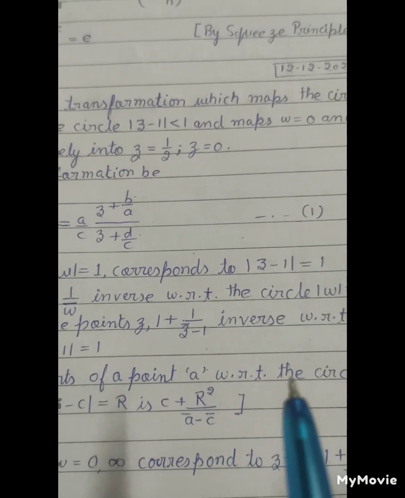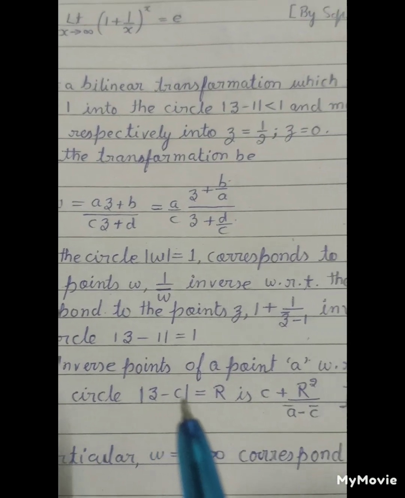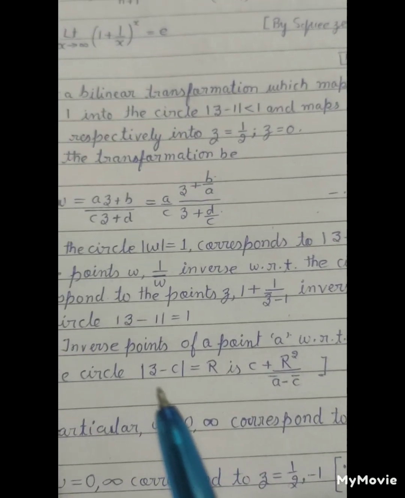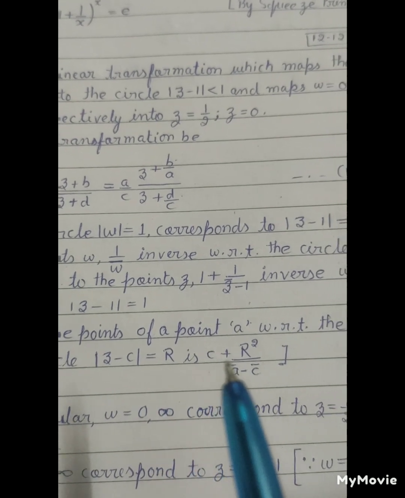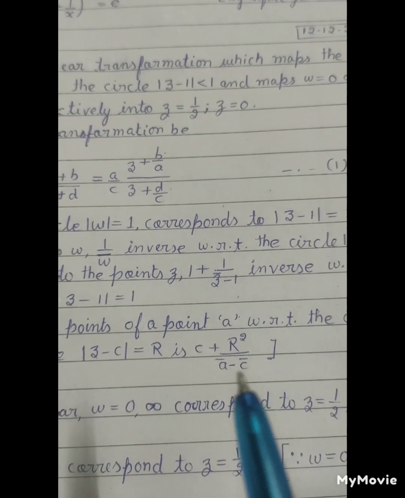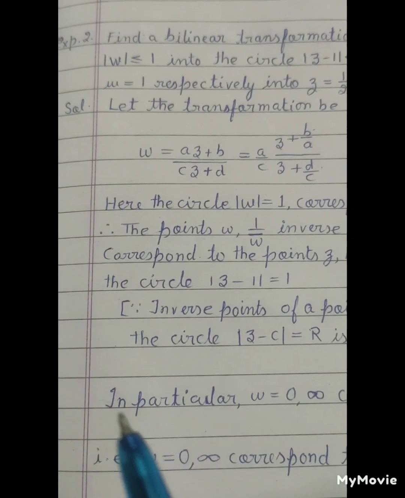a point a with respect to the circle modulus z minus c equals r is c plus r square upon a bar minus c bar.